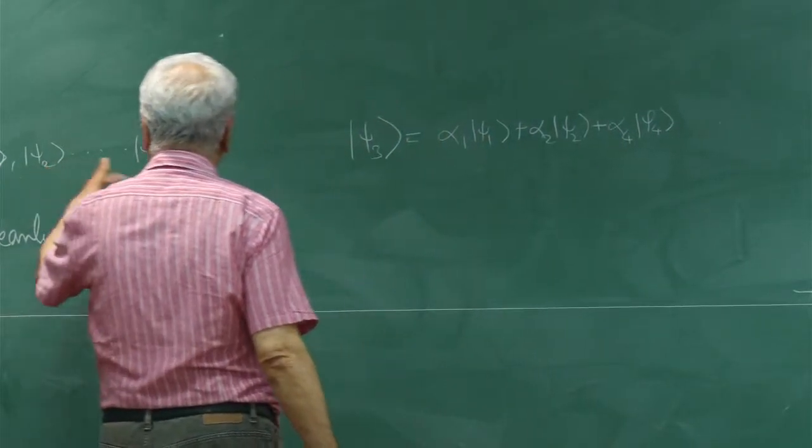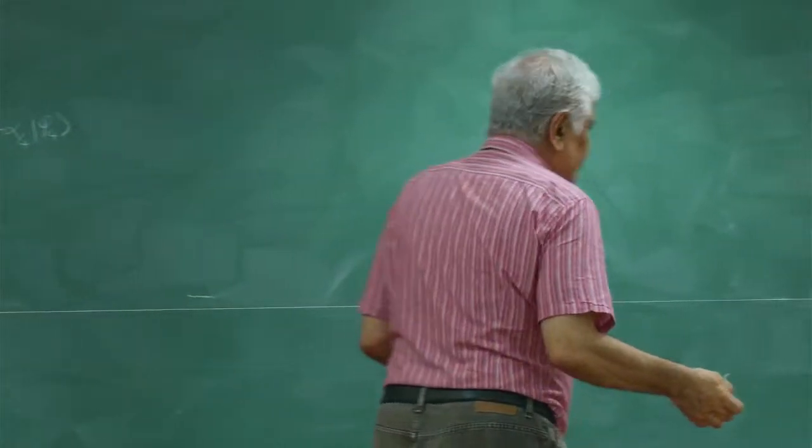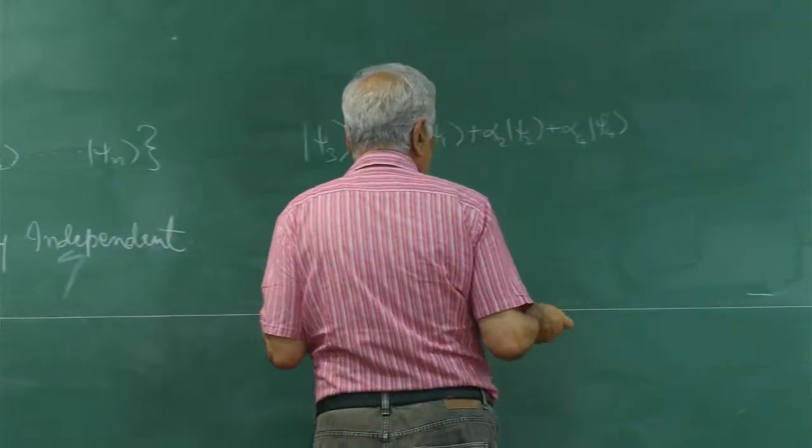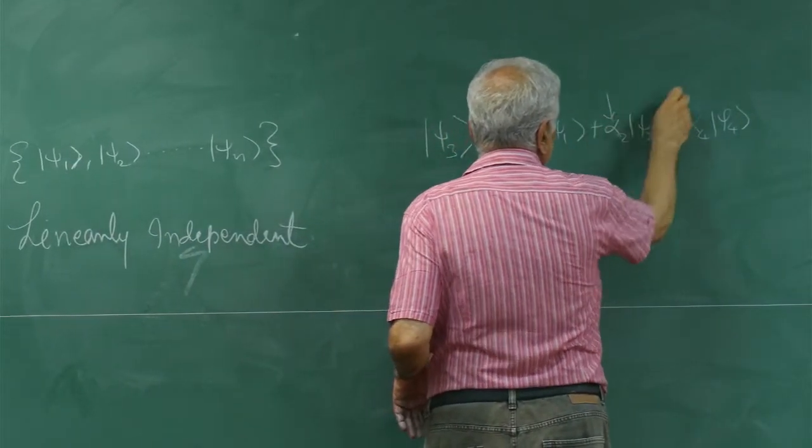Any number of states out of the remaining ones in the same set. So if I force myself to do it, then it just means that all these coefficients are zero.